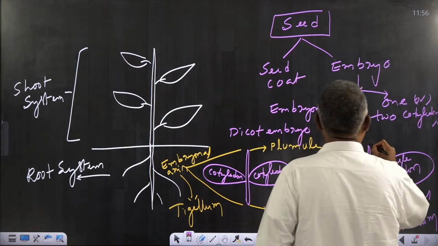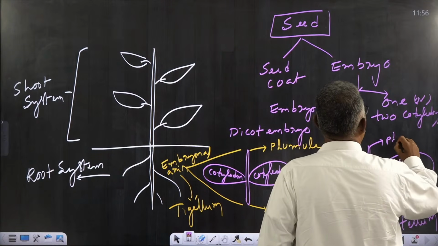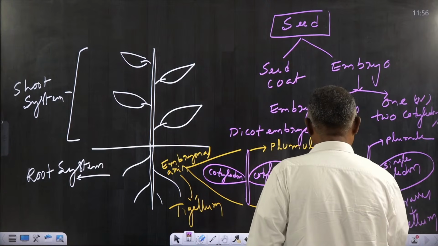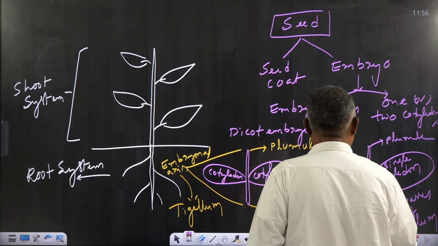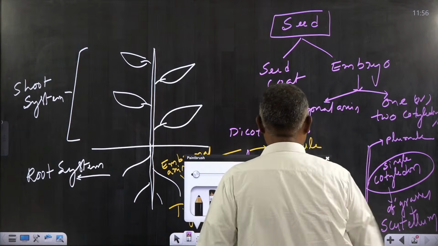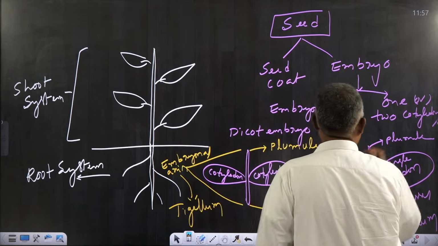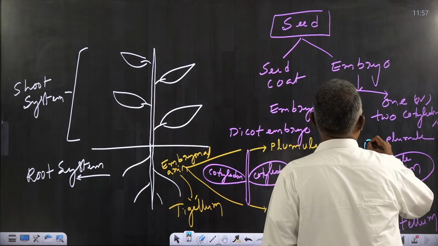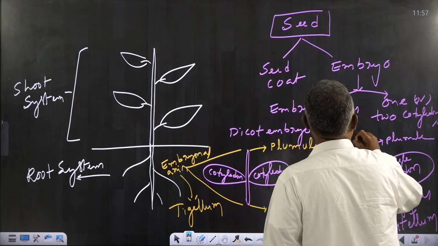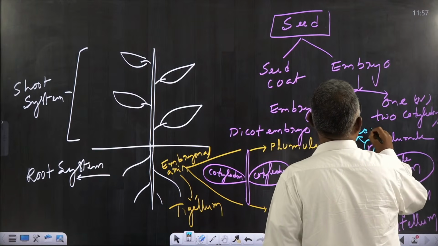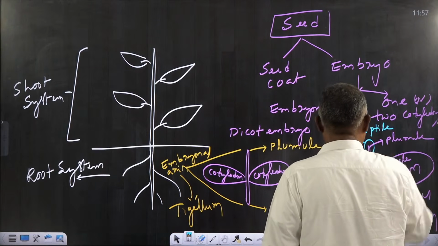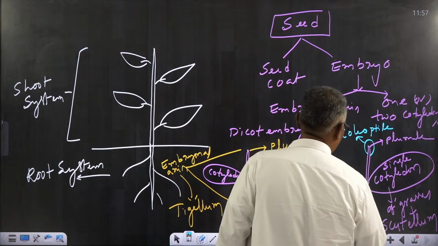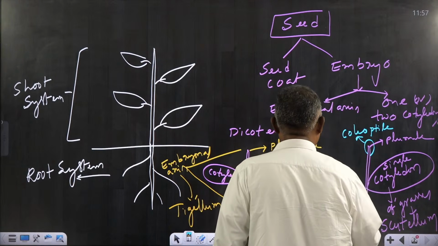Of course, it also has plumule and radicle, but this possesses some additional structures. Plumule is covered by a protective sheath called coleoptile, and the radicle is also protected by another protective sheath called coleorhiza.